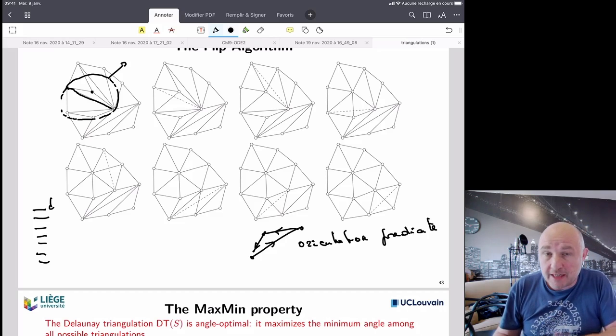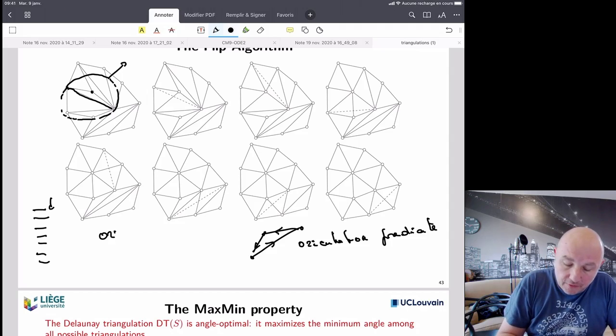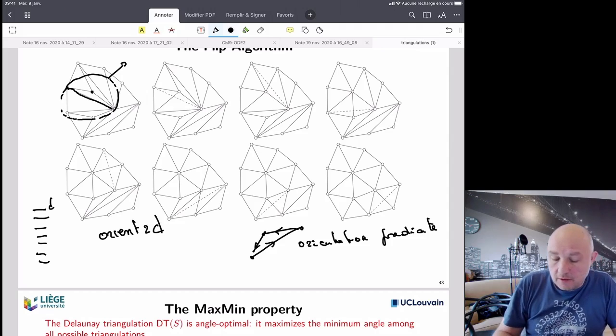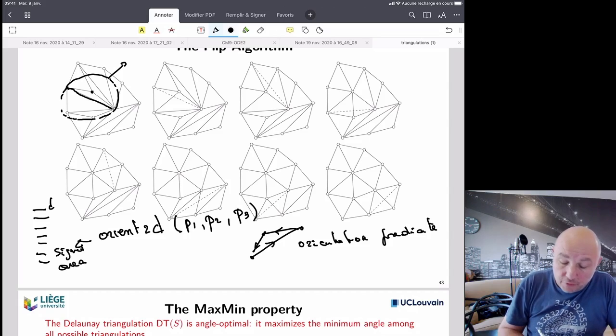So you have those predicates on the website of the course. You have the orient 2D, which takes 2 points, P1, P2, and a third point, P3, and tells you the signed area of the triangle.